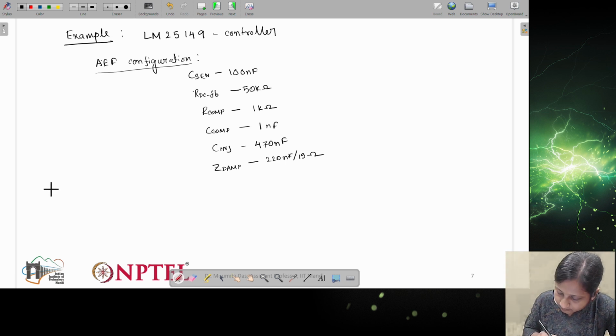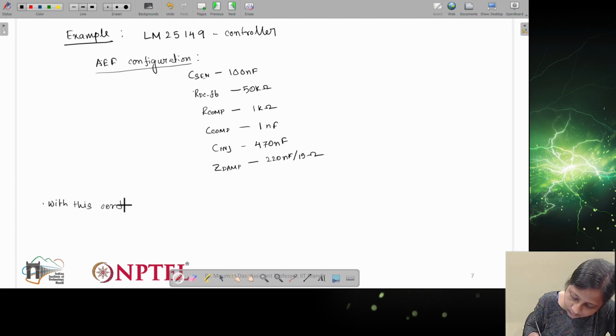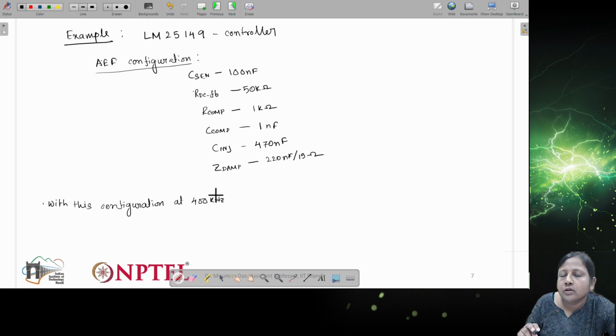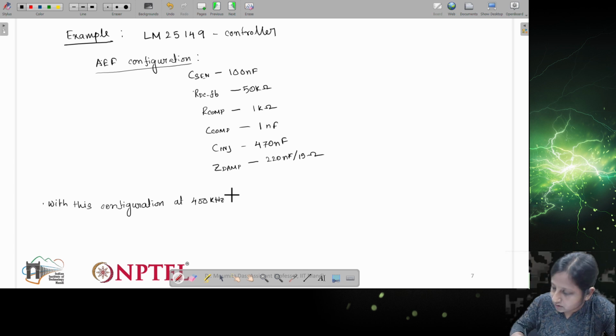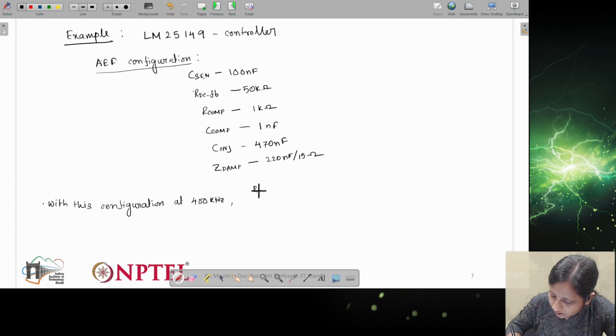Now with this configuration, at 400 kilohertz, the op-amp gain, if we try to find out, at 400 kilohertz, basically the cutoff frequency, it is R compensator divided by Z sense, which will be 2 omega F into R compensator into C sense.